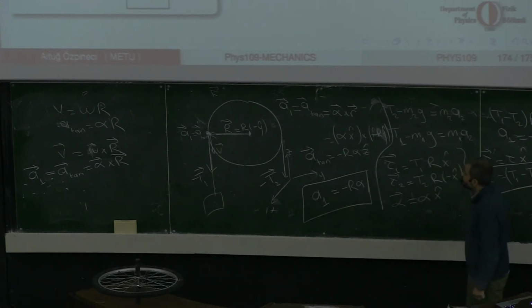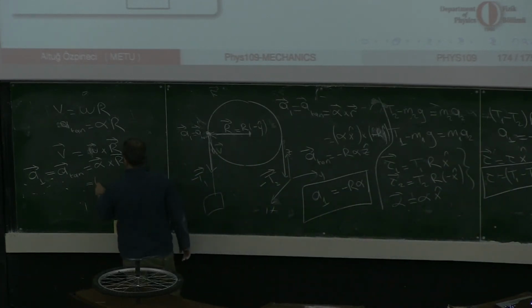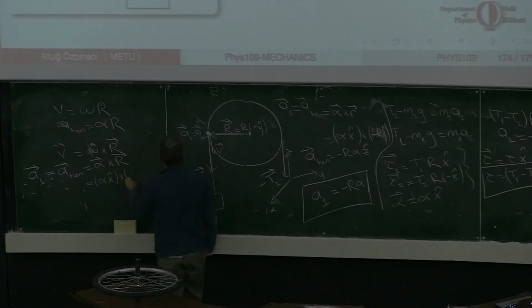So if you put everything back, alpha vector is alpha in the x hat direction, r vector is minus r y hat direction. So this is minus alpha times r, x cross y, which is minus alpha r z hat. This is the a1 vector.